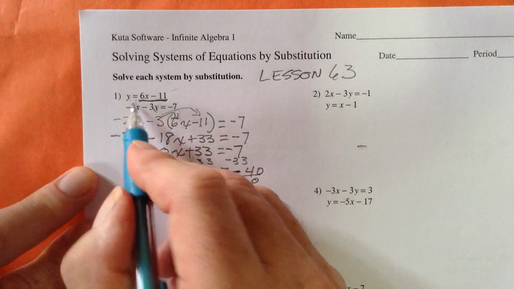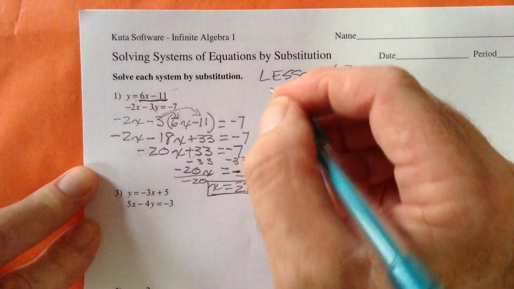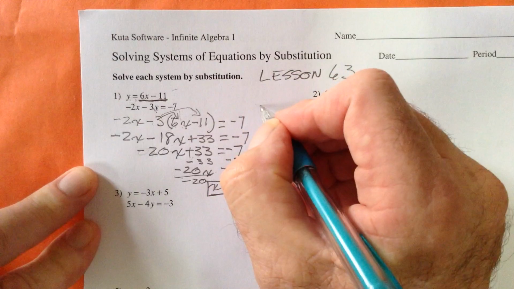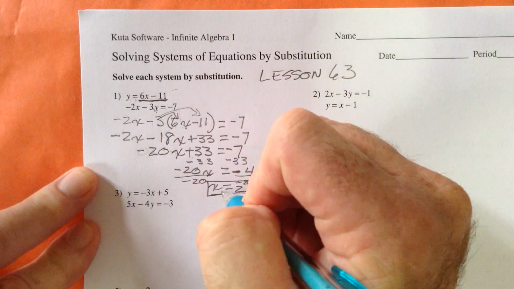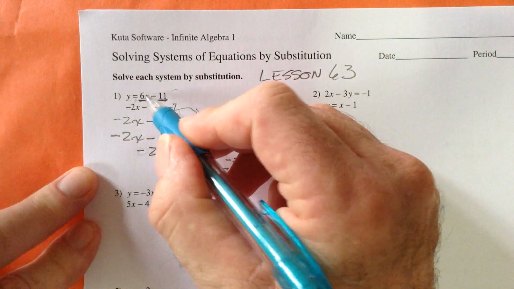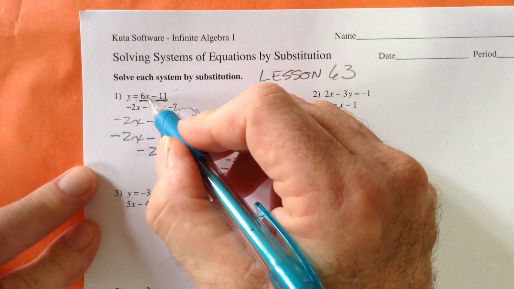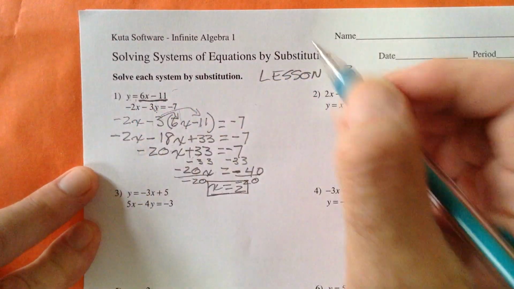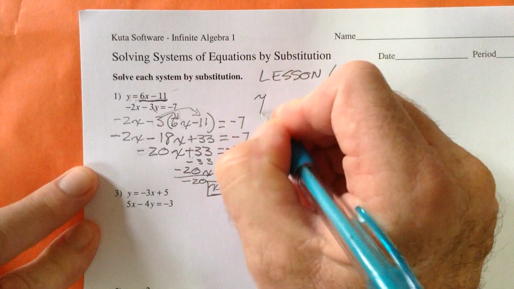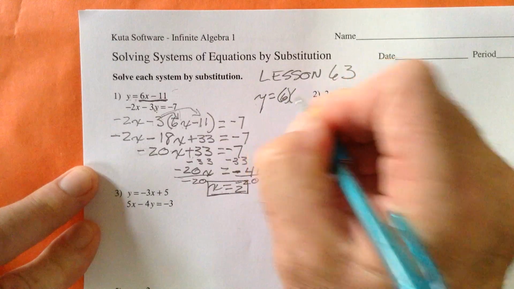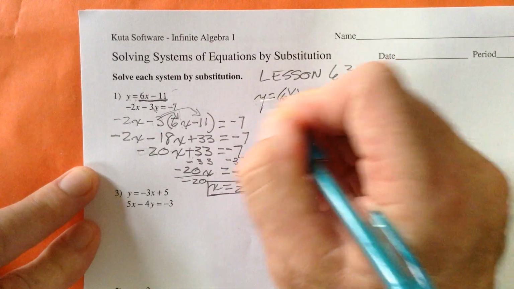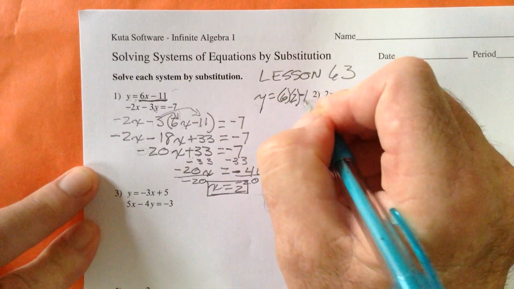So what is the y? Well, we know the lines are going to cross at x equals 2. Now that we know what the x is, we can put the 2 in for the x and figure out the y. So therefore I can go y equals 6 times 2, rather than x, minus 11.